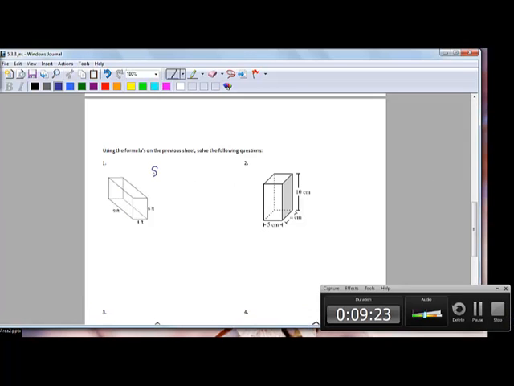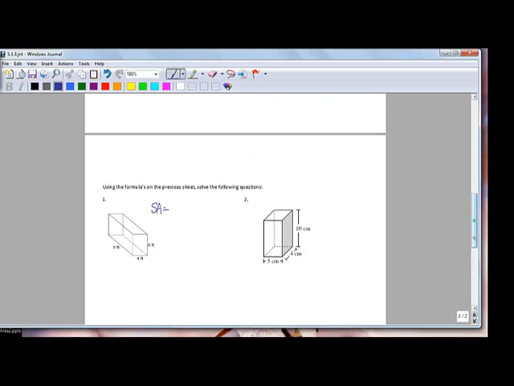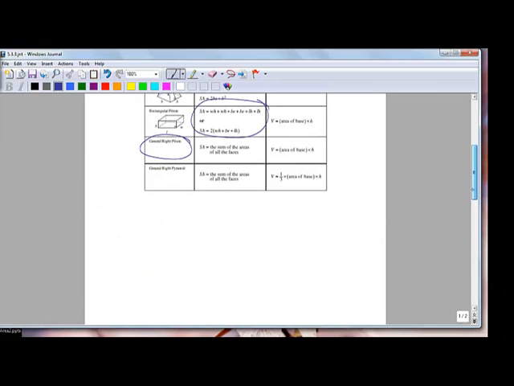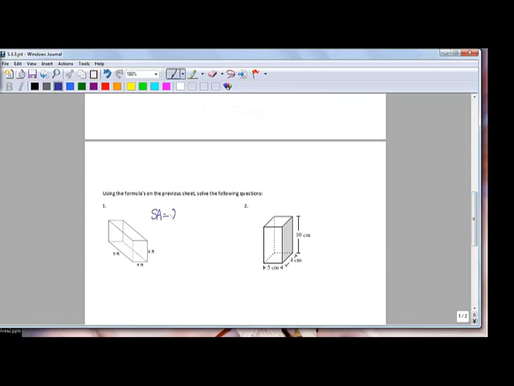Let's do surface area for the first one with the formula rather than doing the net. Surface area is 2 times width times height plus length times height plus length times width. So you've got all 3 combinations.